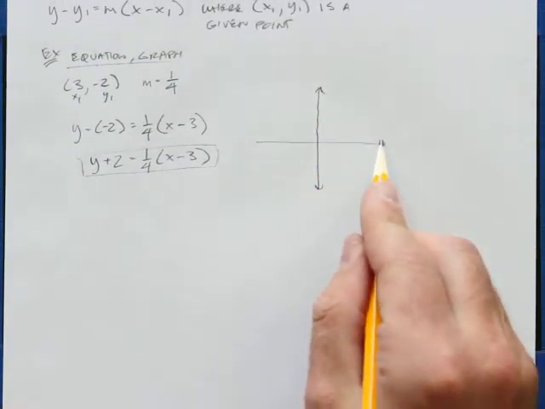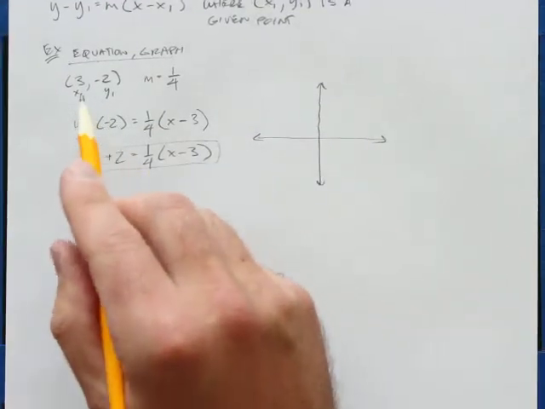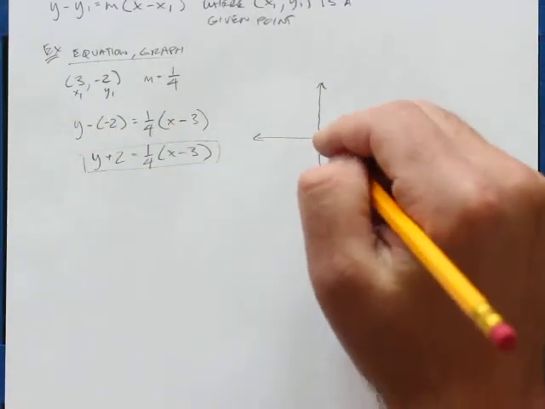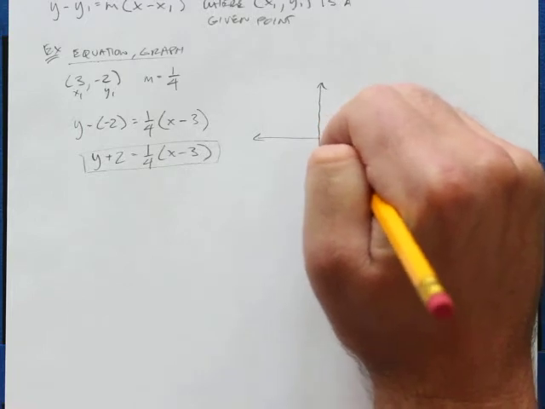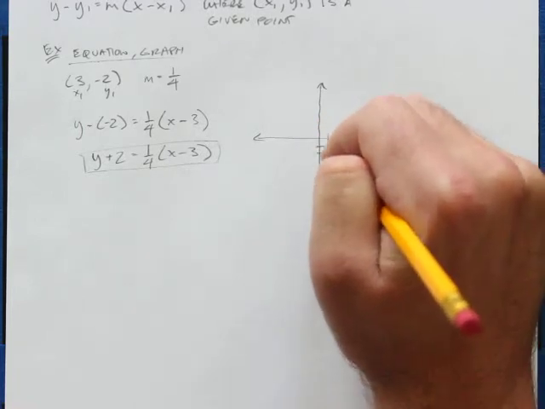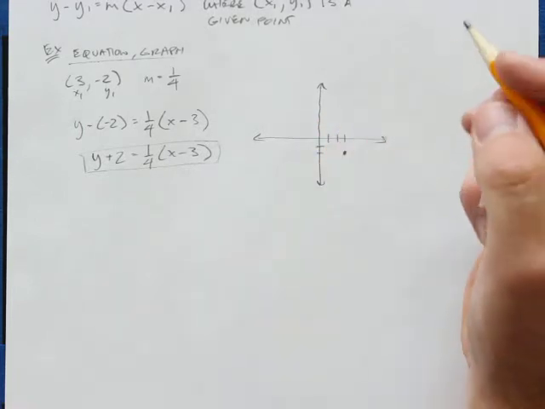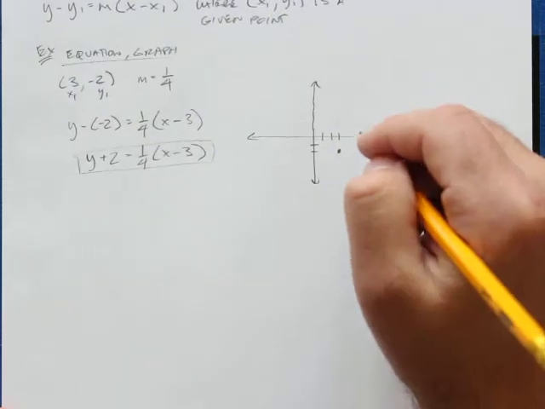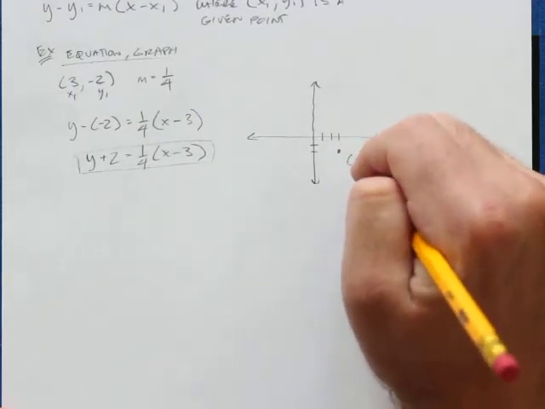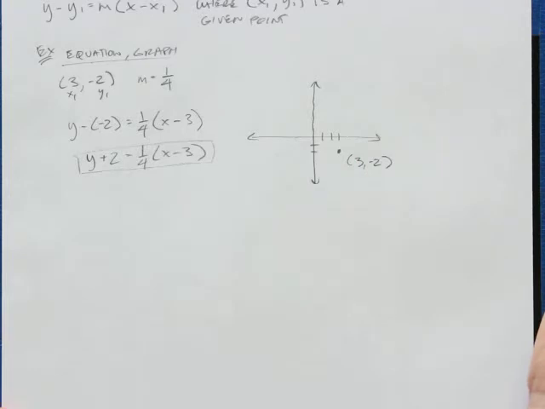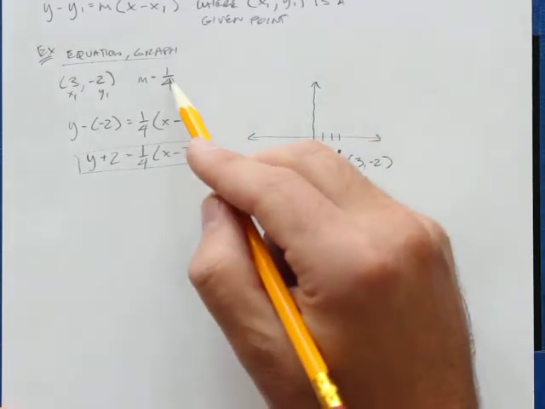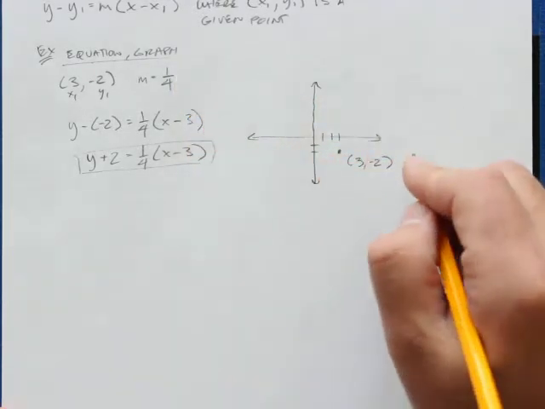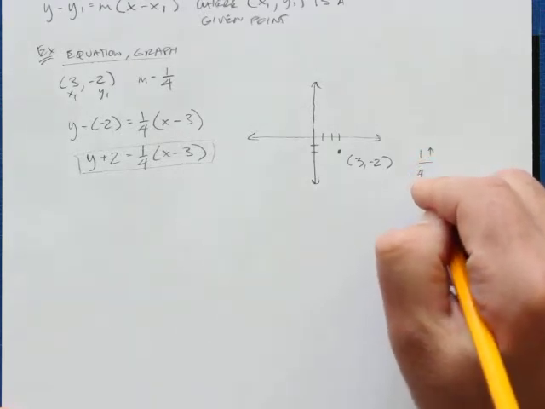One way is I can find this point, which is x is 3, 1, 2, 3, and y is -2, 1, 2. There's that point, 3, -2. And then I can use my slope, which is up 1 to the right 4.